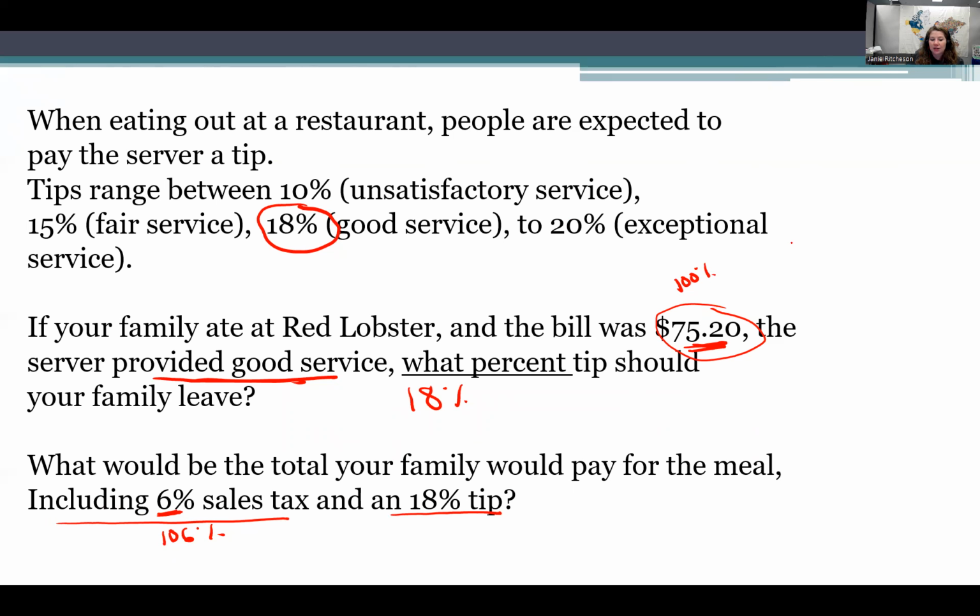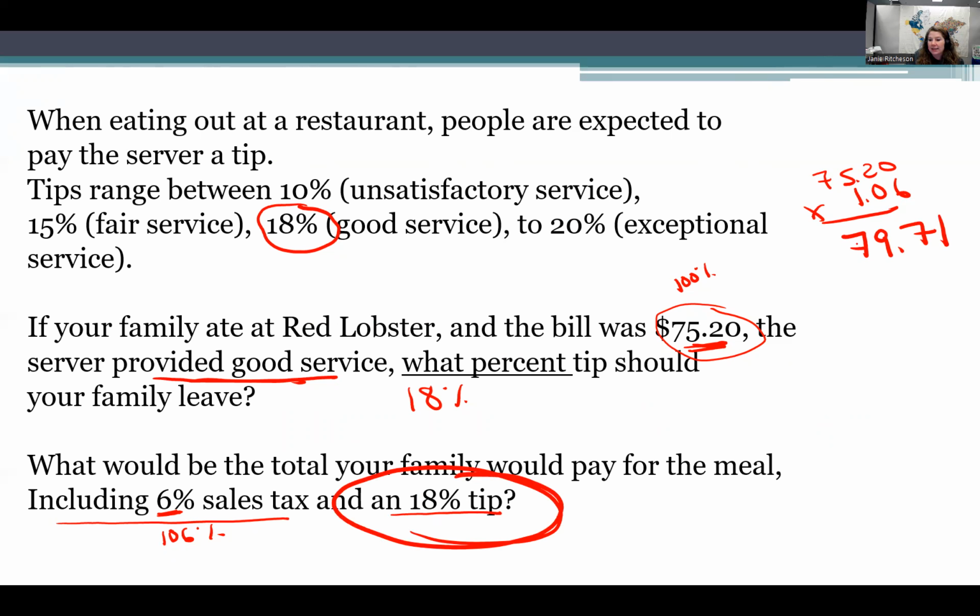So I'm going to turn 106 into 1.06. I'm going to multiply the price of my meal times 1.06 to get my sales tax, 75.20 times 1.06. So my meal with sales tax is $79.71.